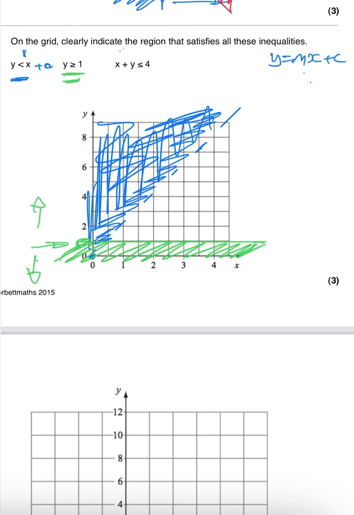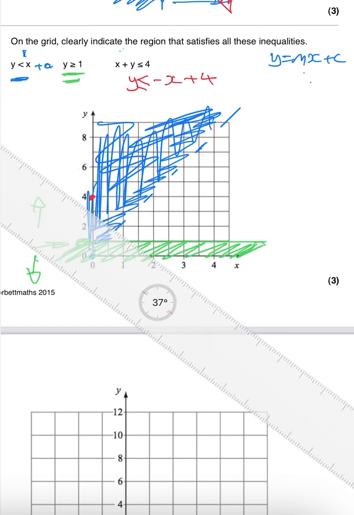The last one, again, we just need to manipulate so that the y is on the left-hand side on its own. The symbol stays the same. Again, we have negative x where our slope is -1, just like the other one, and positive 4 is our y-intercept. So I'll do this a little faster. There's the y-intercept, -1 as a gradient.